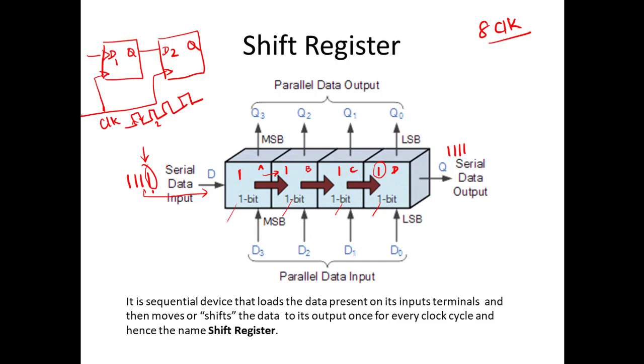Whereas in case of serial data input and parallel data output, we need 4 clock pulses for getting the data inside all the flip-flops. If I am giving 1 1 1 1, in 4 consecutive clock pulses, 4 bits of 1 will be saved in your flip-flops, and here I am going to take the output.